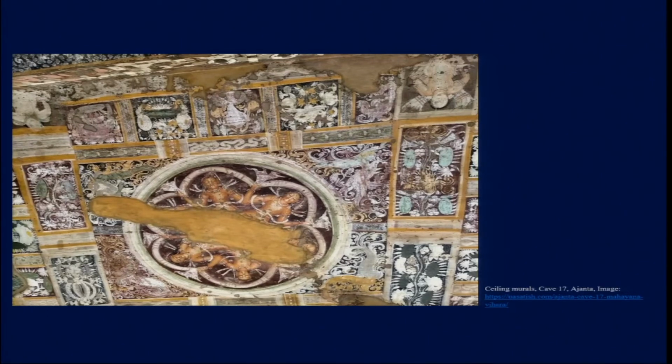This one I find particularly interesting because it is a circular medallion-like structure at the center of the ceiling, and in it there is a blend of figurative motifs with the ones which are ornamental.